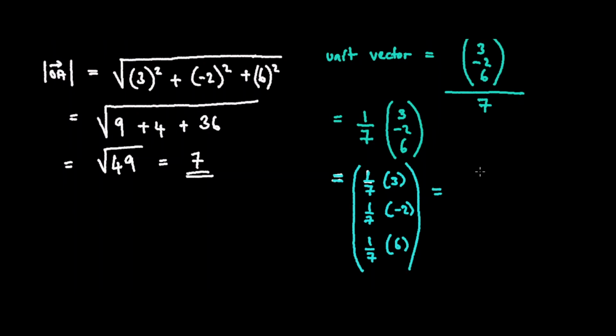So our final answer is simply (3/7, -2/7, 6/7), like that. So this is the unit vector. That is how it is done. You see, it's wonderful. Let us go on to other examples.